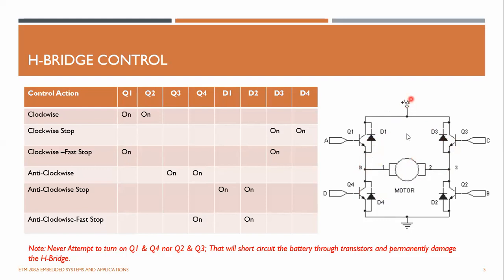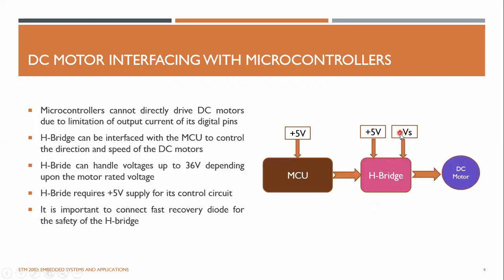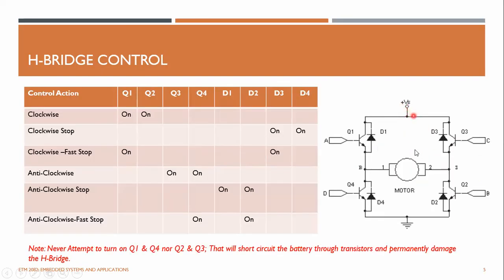The H-bridge should be powered with the voltage that is required to drive the motor. This is that VS that I was talking about. This is the power side of the motor. So you have to provide this power to this motor. And A, B, C, and D are the control signals coming from the microcontroller.